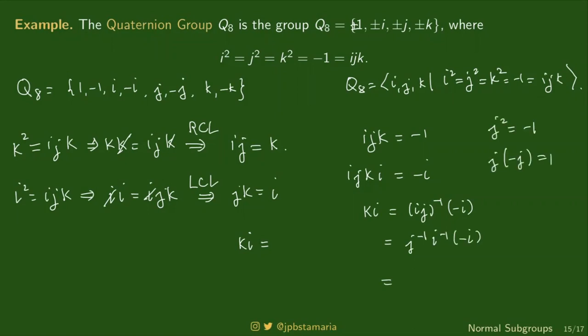Kaya ang J inverse mo ay minus J, times minus I. Ano mangyayari? Ang hirap ng algebra. Minus I times minus I is I squared. But I squared is -1. Kaya ito ay J. Kaya ang KI mo equal sa J.